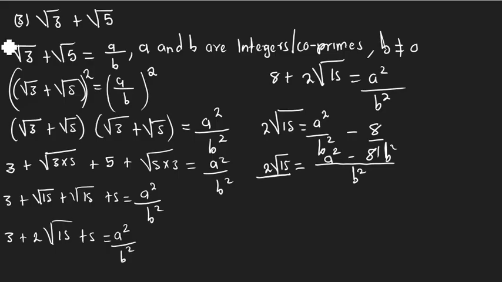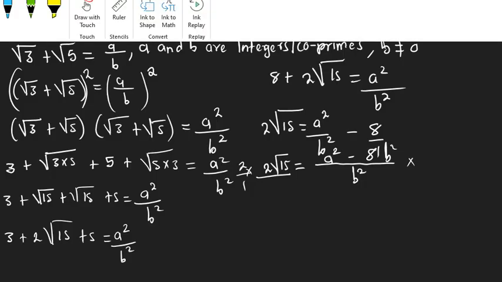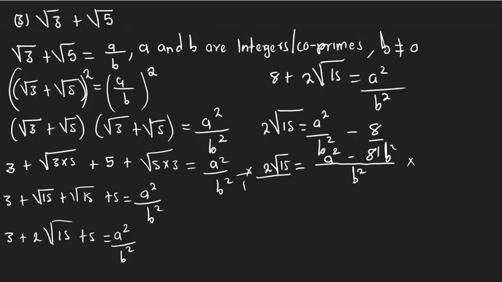Then, multiplied by 2 over 1, even here 1 multiplied by 2, so that we can cancel this. So we're going to have the square root of 15 equal to a power 2 minus 8b power 2, everything over 2b to the power 2.